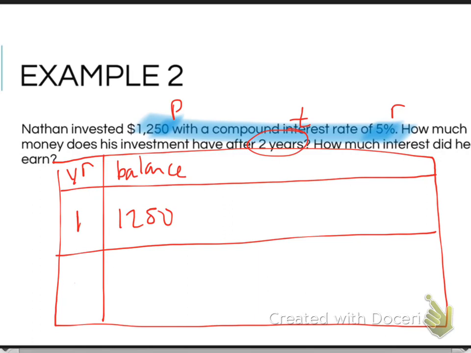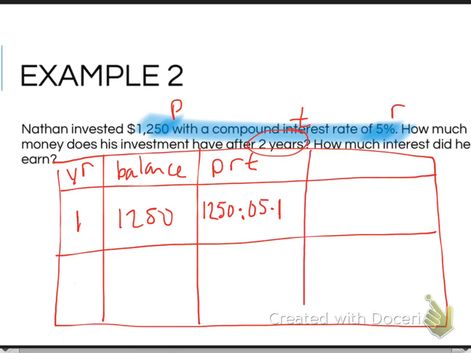With compound interest, I can do the table since I don't have a calculator to help me with the decimals. I have P times R times T. So we have 1,250 times our rate, which is 0.05, times T. Remember, this is only for 1 year, so we only put 1 year.